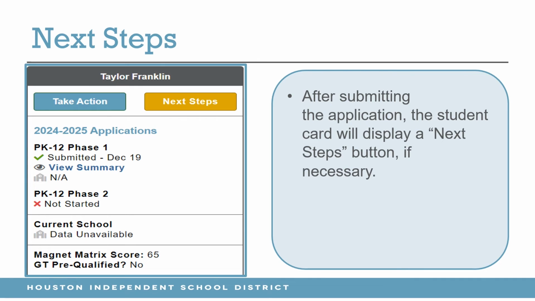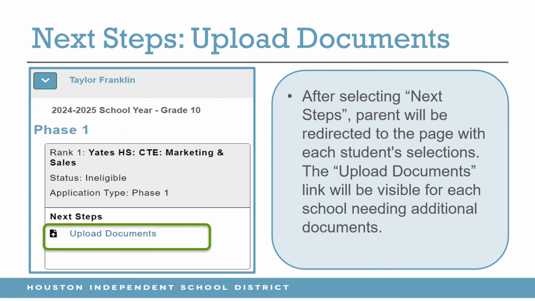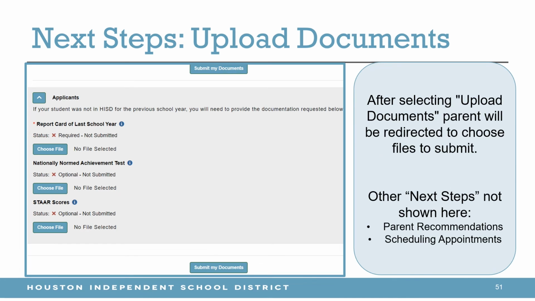After submitting the application, depending on the program choice, you may be required to take next steps. The yellow tab will take you to the next steps. In this example, the student is required to upload documents. After selecting Upload Documents, the parent will be redirected to choose files to submit.